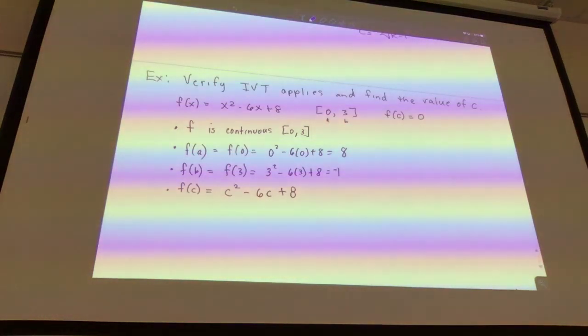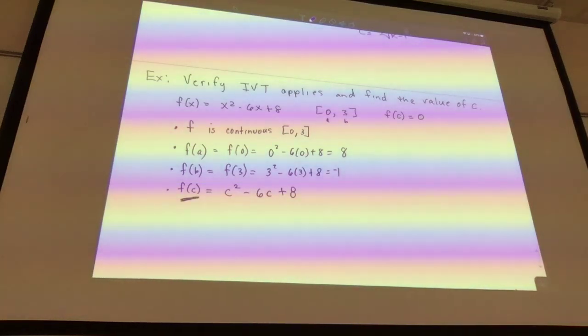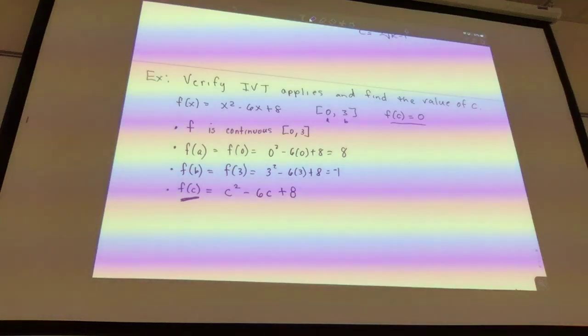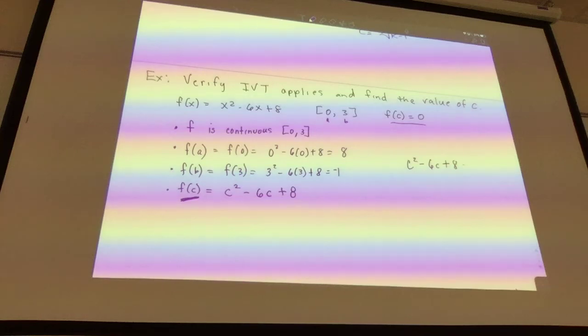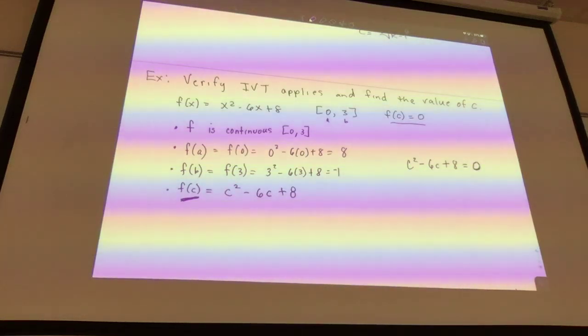All right, but because we know that f of C equals 0 from right here, I can set that. I'm going to come over here and say C squared minus 6C plus 8 equals 0. And now I can solve for C.